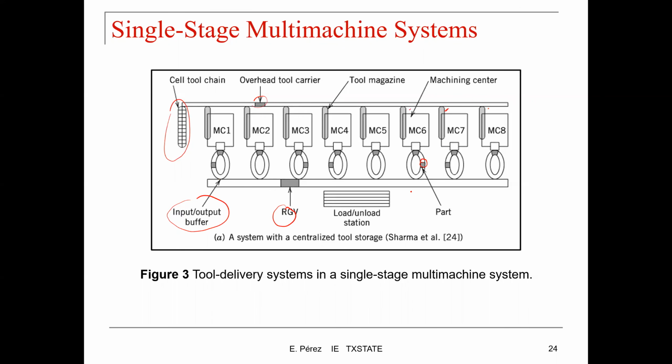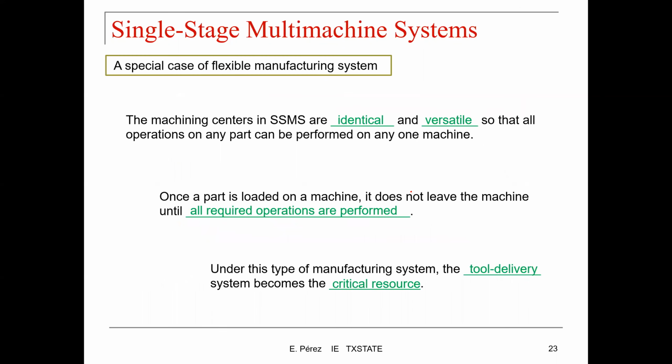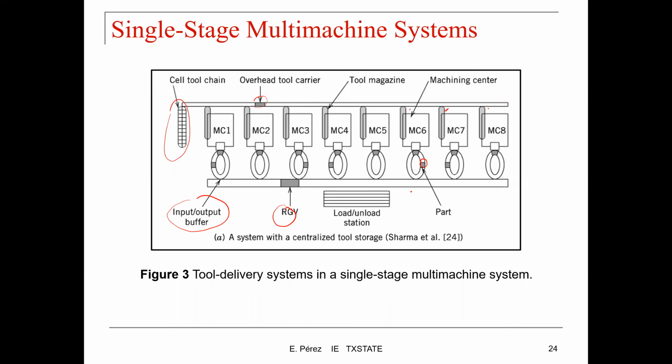And as mentioned on the previous slide, the tool delivery system is our critical resource. So the tools are being moved between machine centers where they are needed, and that is the critical resource under this delivery system.